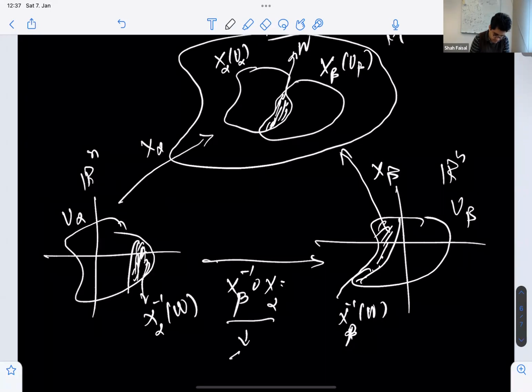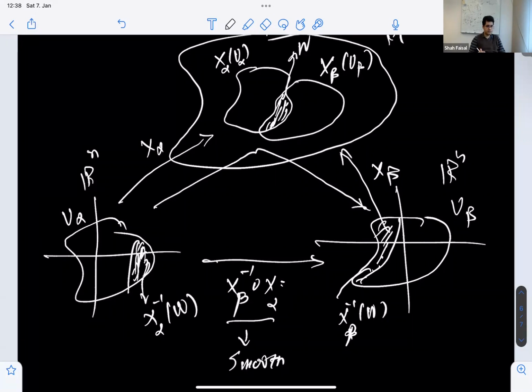This function is smooth. These are called transition maps. So this goes here and then comes here, and you require these functions to be smooth.